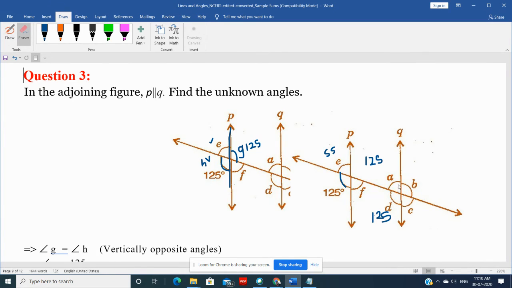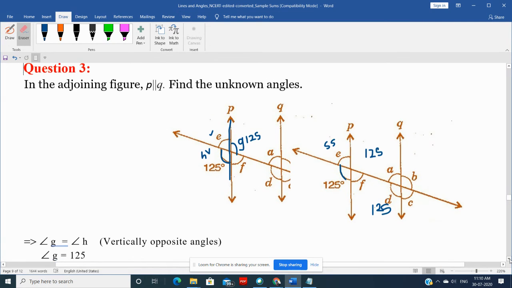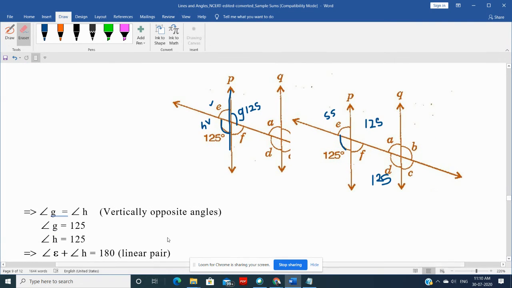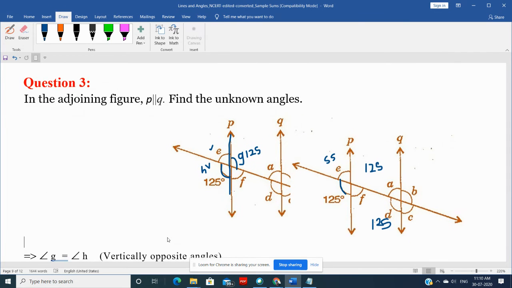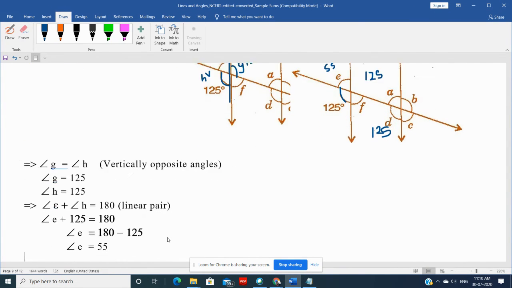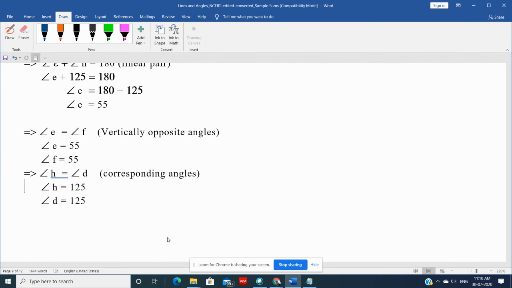Again, E and A also, for the same reason, because they are corresponding angles. So let's write it down, E and A.